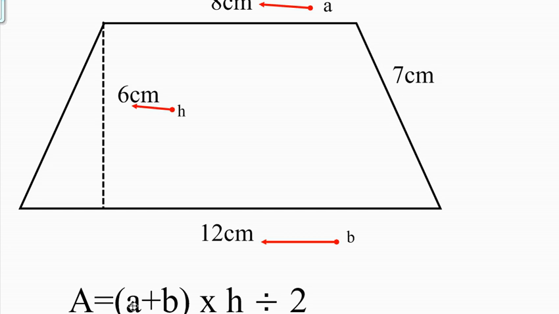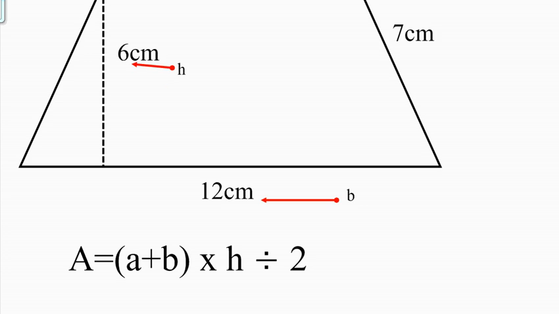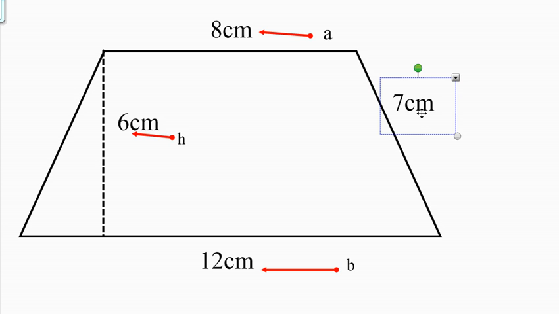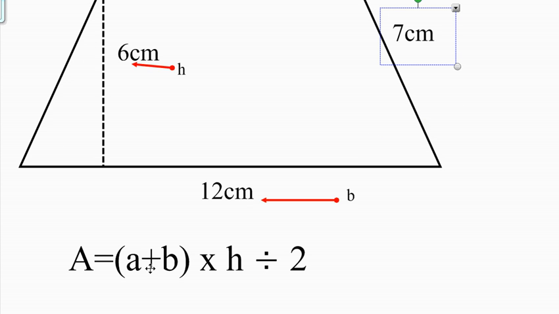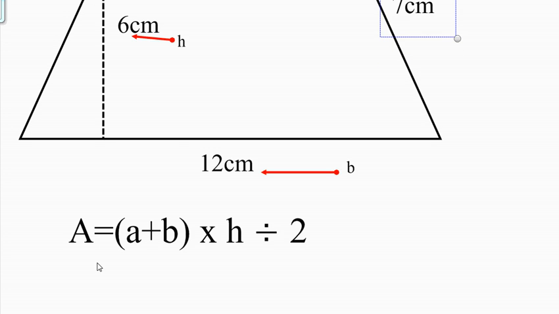So right now we know that A is 8 centimeters, B is 12 centimeters, and height is 6. Hopefully everybody's following here. The 7, of course, is on an angle. We ignore it because the 7 will just confuse us. This is not a base. This is not a height. It's an angle, and it is not used to solve the area of the trapezoid. So let's get to our formula.